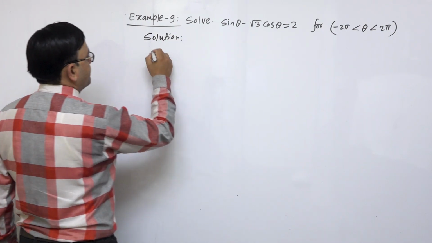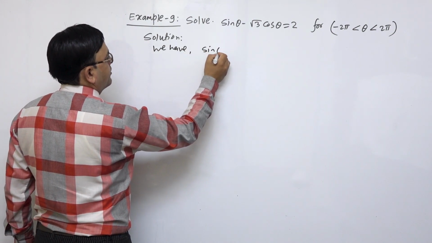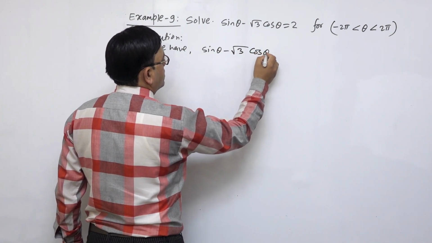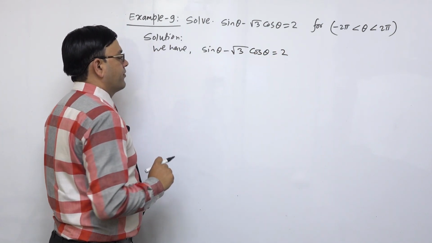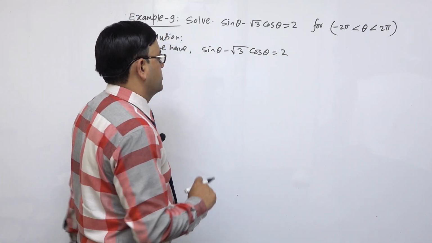We have here sine theta minus root 3 cos theta is equal to 2. In this case, we can take the coefficient of sine and cos.